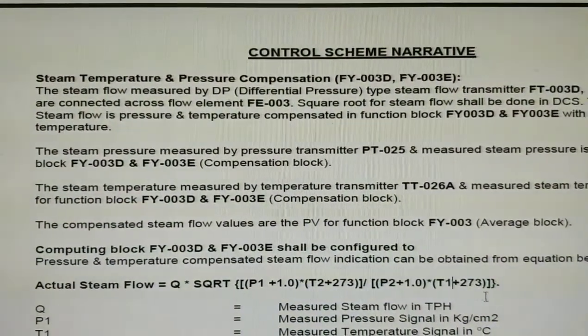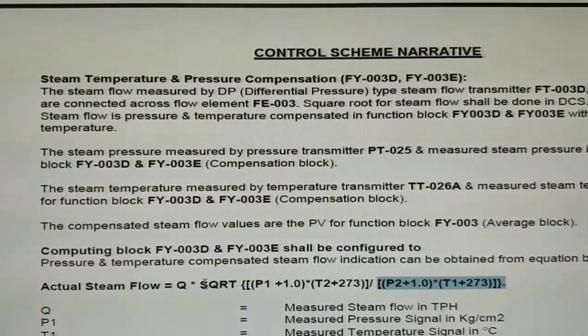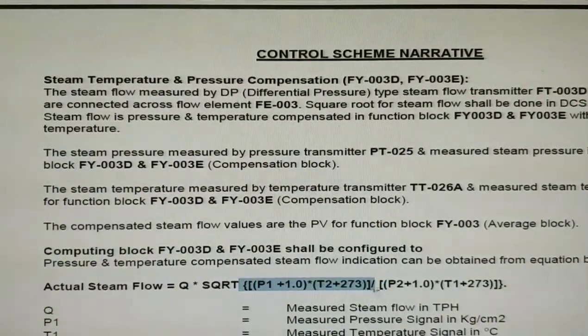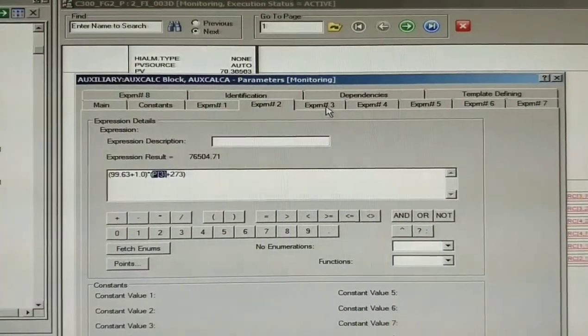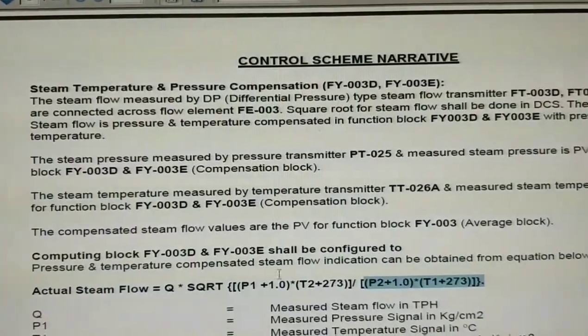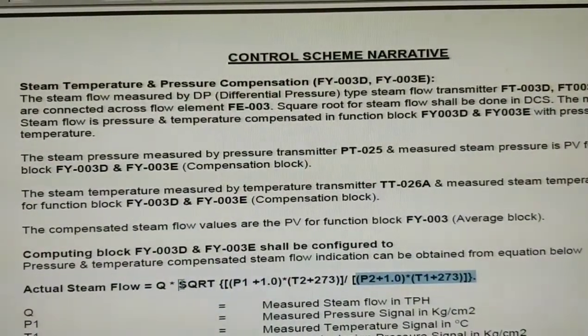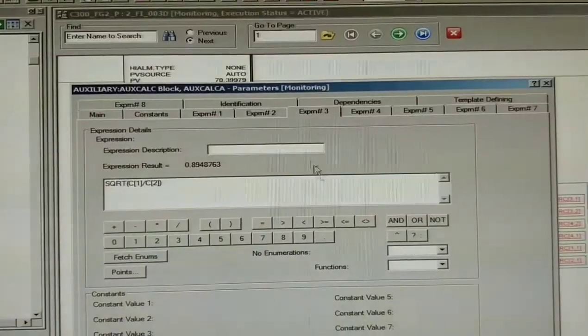That is T1 plus 273. Now we have obtained these calculations in expression 1 and expression 2. So expression 3 is the square root of C1 divided by C2.